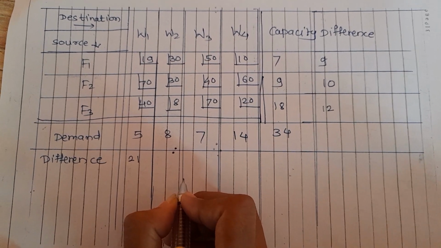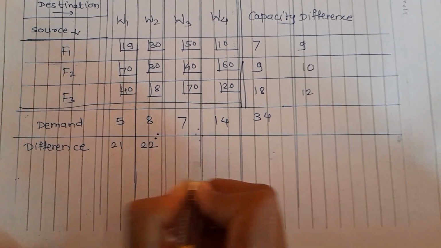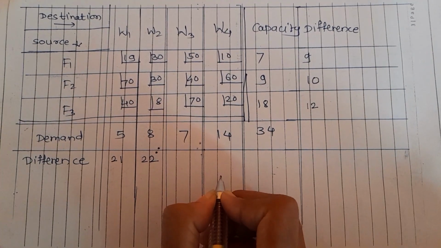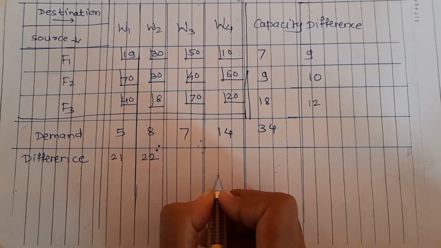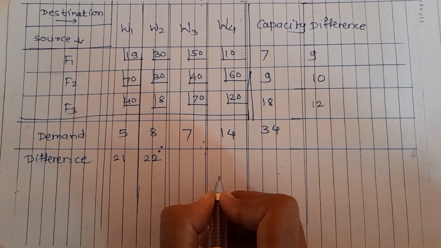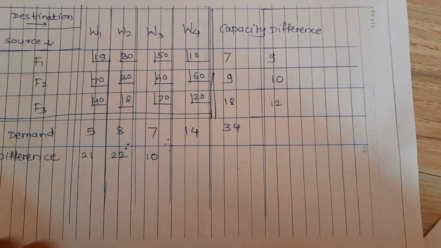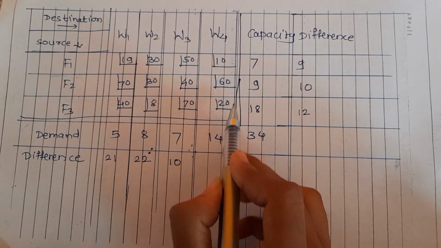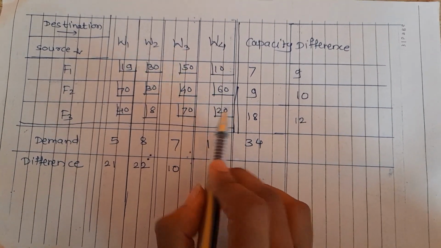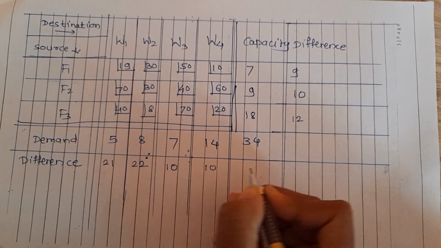The difference is 30 minus 8, which is 22. We write 22 here. Now third column 50, 40, 70. 50 and 40 are the minimum values, so their difference is 10. We write 10 here. The last column 10, 60, 20. 20 and 10 are the minimum values. 20 minus 10, the difference is 10.